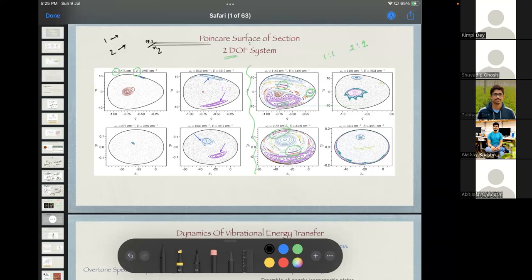That means one oscillator will lose N1 quanta, and another oscillator will gain N2 quanta, right? So basically, this resonance channel will facilitate the energy transfer between these two oscillators. Okay, so that is the importance of different resonances.